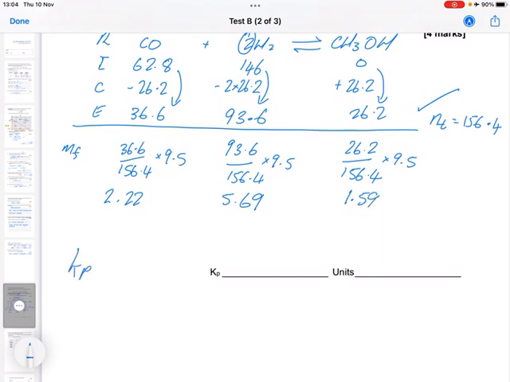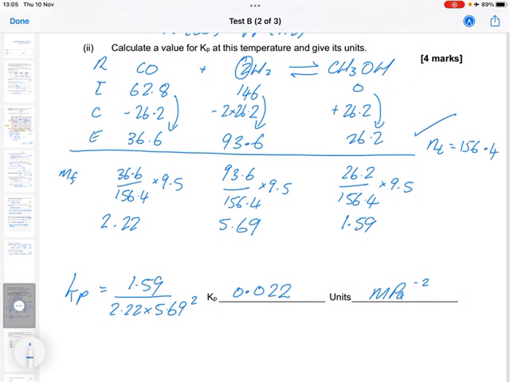So putting this into my expression, 1.59 divided by 2.22 times 5.69 squared equals 0.022, and the units, so I've got 1 on the top, 3 on the bottom, so that's 2 on the bottom, so that's going to be megapascals to the minus 2. So for 4 marks, so there's 1, 2, 3 and 4.